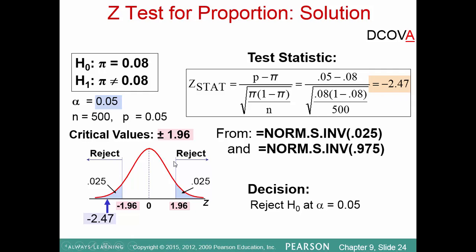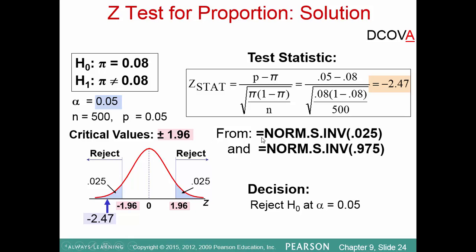Well, our critical values, if we set alpha to 0.05, we would look at the standard normal distribution, or the z-distribution, and find the critical values that 5% of the distribution is outside of, and we get negative 1.96 and 1.96. If you wanted to calculate those in Excel, it's these two formulas.